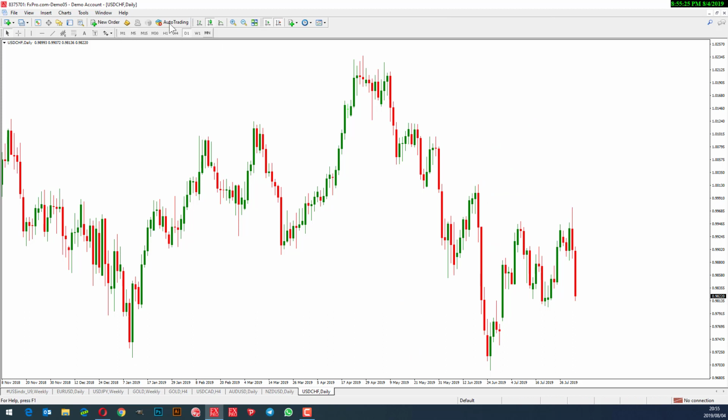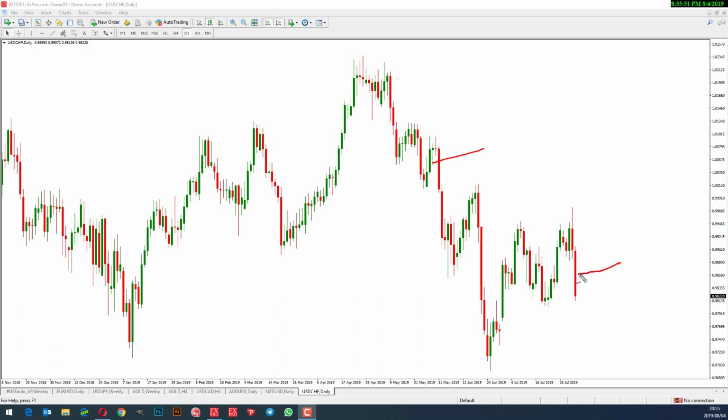Next we've got the time frames. We've got M1, M5, M15, M30, H1, H4, D1, weekly and monthly chart. Right, currently I'm on a daily chart. What does this imply? This implies that every candlestick on the chart is 1 day price movement.